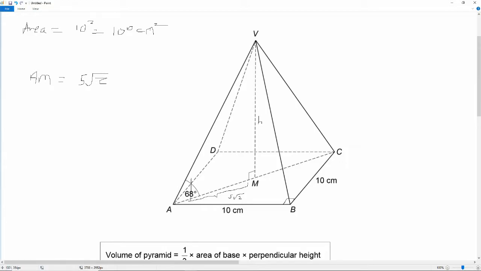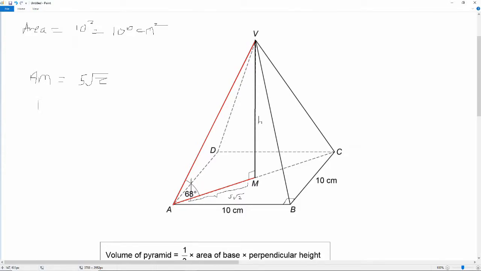If we consider this red triangle here, it is a right angle triangle because the vertex is directly above the midpoint of the base. So H is opposite the angle 68 degrees. And we know that opposite over adjacent is tan theta.